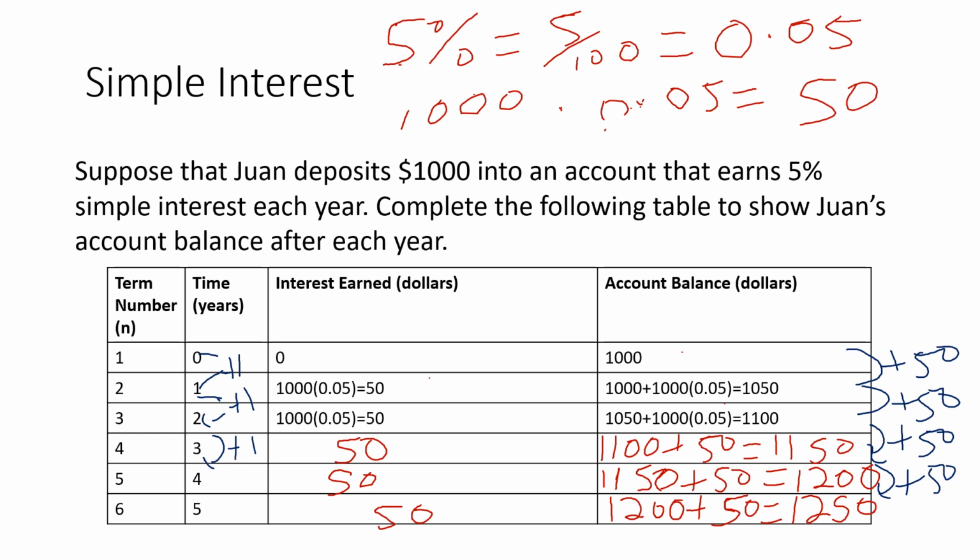Our starting balance is our y-intercept. The rate of change is 50. So our equation should be y equals 1,000 plus 50x. That's our equation.